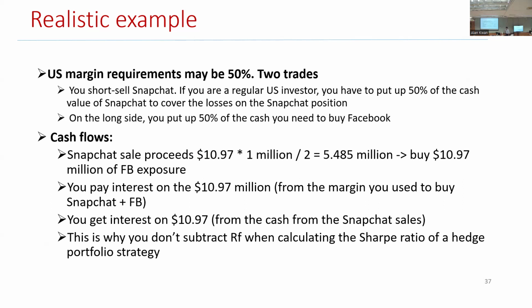So a lot of times for investors, if you actually form a long short trade, you have to put up margin, right? The margin, if you're just a normal retail investor who wants to go long short, might be like 50%. If you do the math out, I think these numbers were basically matching Snapchat's price at the time. If I want to borrow $11 million of Snapchat, in addition to the borrowing fee, I'd have to put up 50% margin.